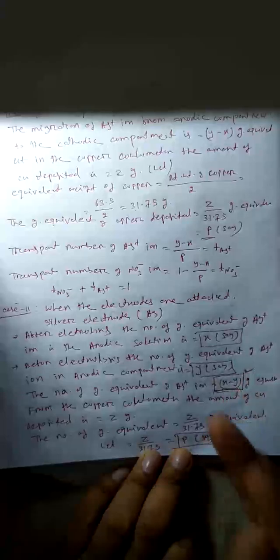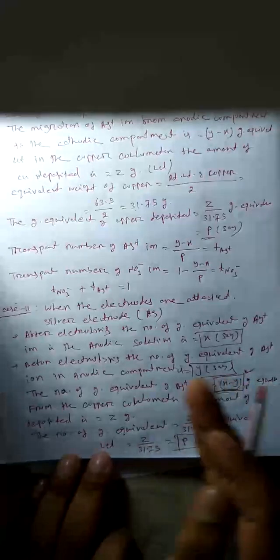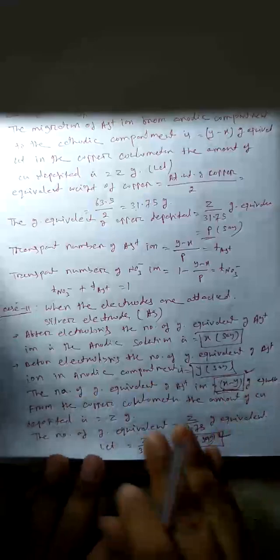Then how many gram equivalents move towards the cathode? This one minus this one.